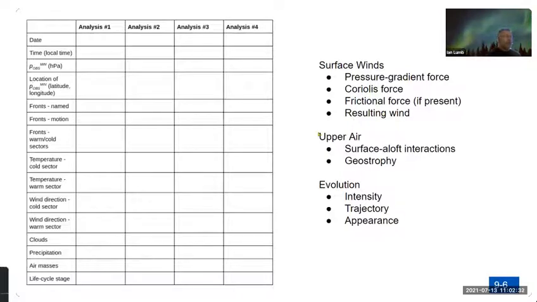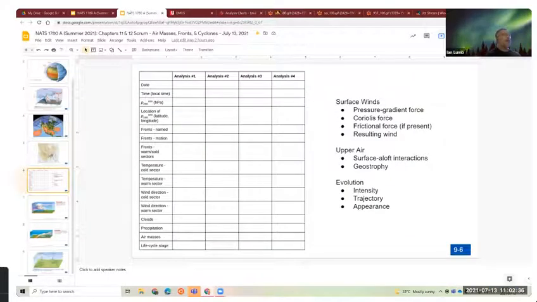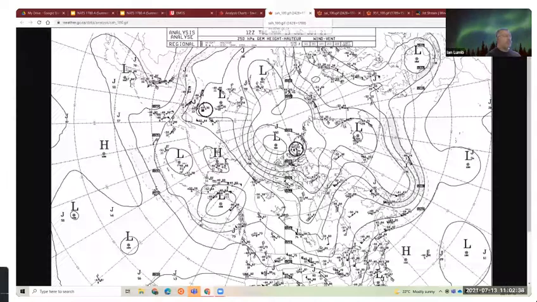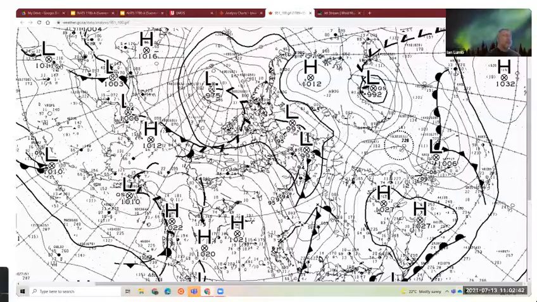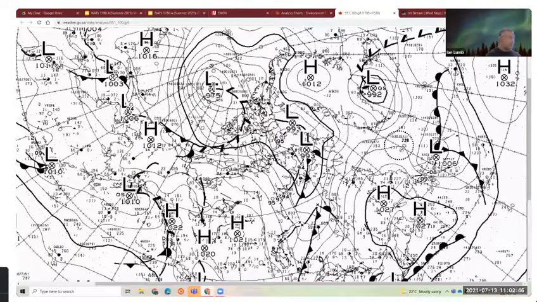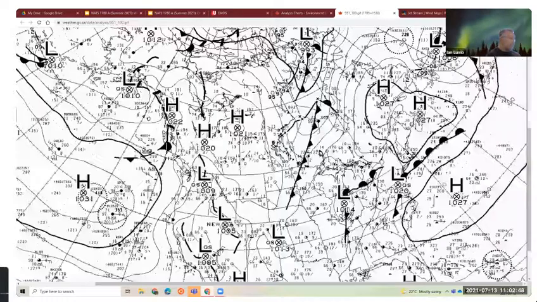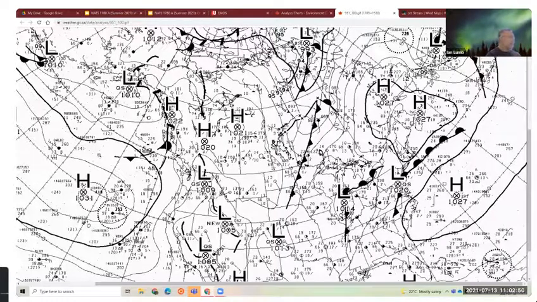Perhaps I'll just quickly also talk about winds. So let me find a decent surface analysis here. This will serve our purposes. And this should work fine over here.